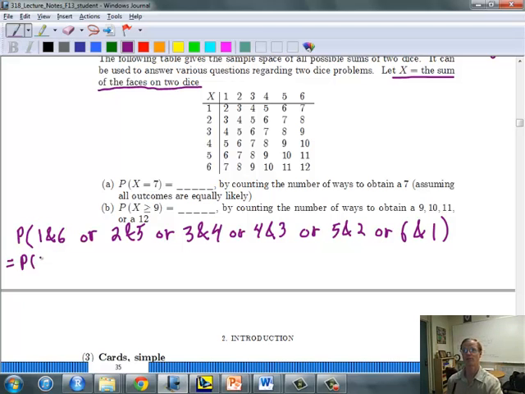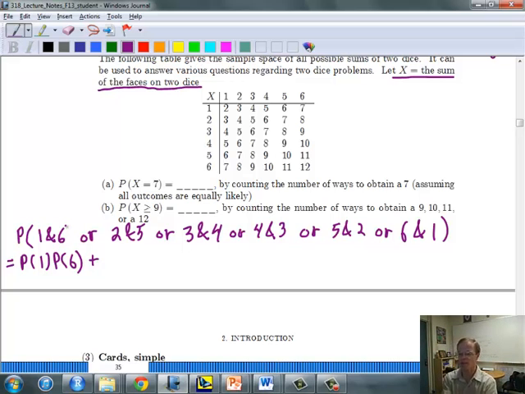Now, that's a probability of 1 and 6. Using the AND rule, it's probability of 1 times 6. ORs, for the mutually exclusive case: is 1, 6 mutually exclusive from the 2, 5?